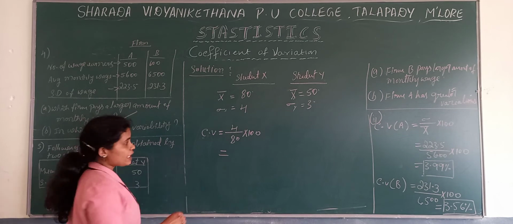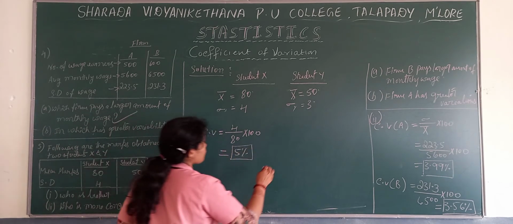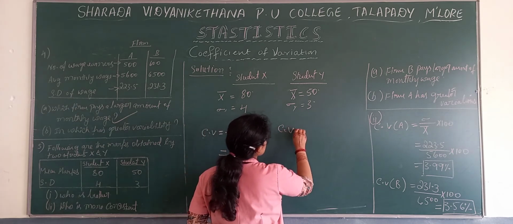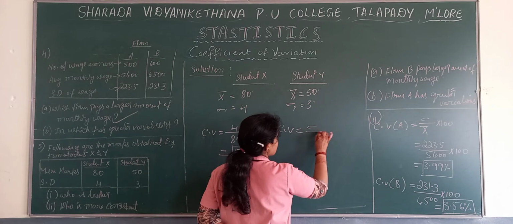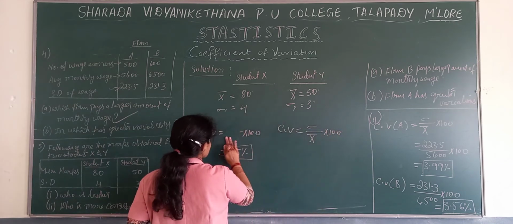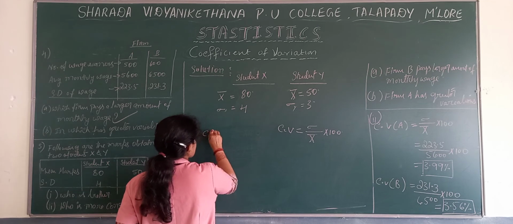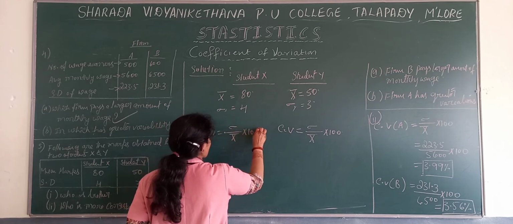You have to write the formula there: CV is equal to standard deviation by mean into 100.